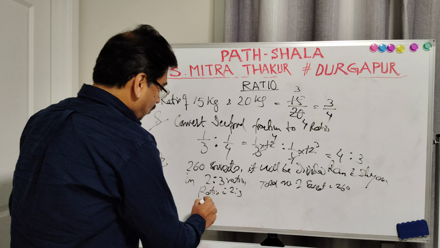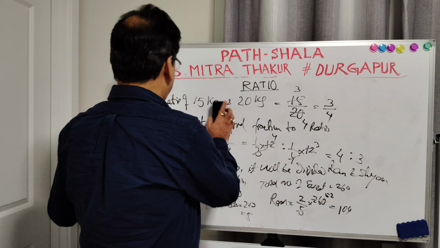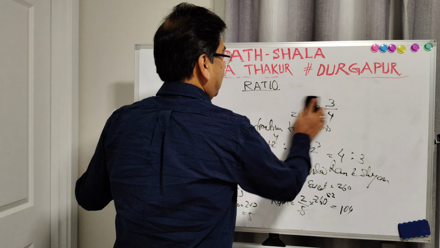Ram is 2 out of 5. So Ram will get 2 by 5 into 260, that is 104, and Sam will get 3 by 5.